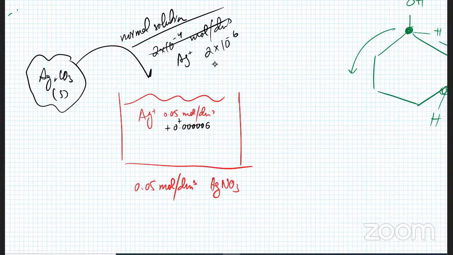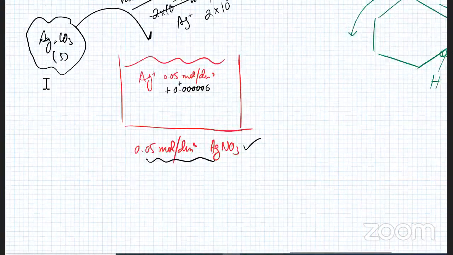Will the concentration of both not decrease? No, that one won't decrease, it has already dissolved, and it is very soluble. All nitrates are very soluble, so they're not going to form a precipitate that easily. It's already part of the solution. It's just that further silver ions from silver carbonate, very few of them will get dissolved.